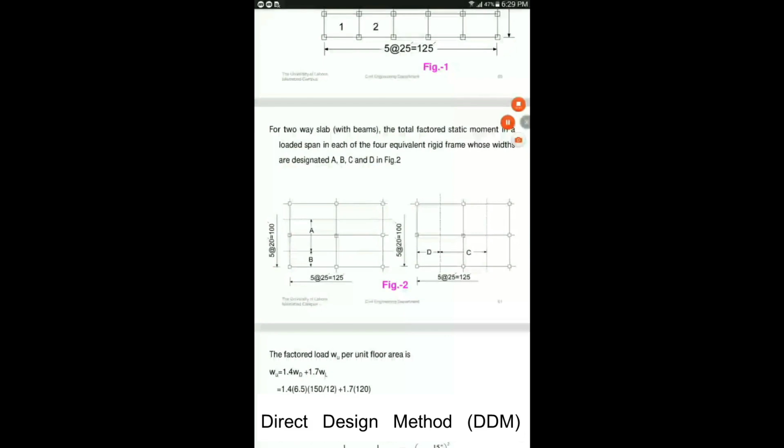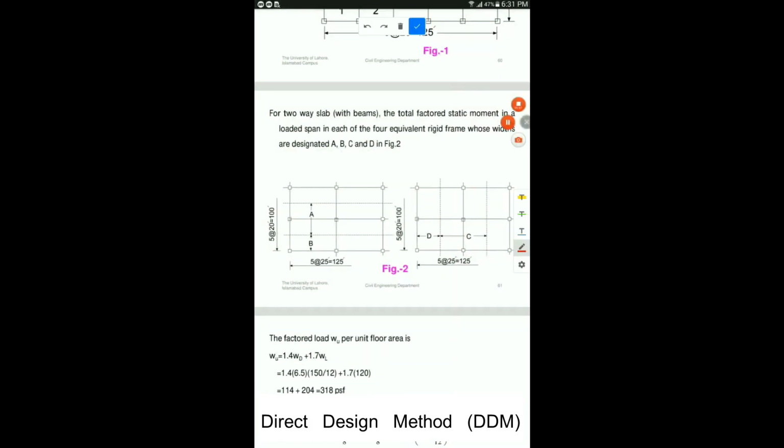The first step is to mark the rigid frames. Now we will mark the center lines and identify the equivalent rigid frames A, B, C and D. As we have already discussed, the rigid frames running along the x-axis are considered as A and B. We will refer to them as A and B in this numerical problem, and the ones running along the y-axis are referred to as C and D. Out of A and B, this will be the interior rigid frame and the rigid frame B will be the exterior.